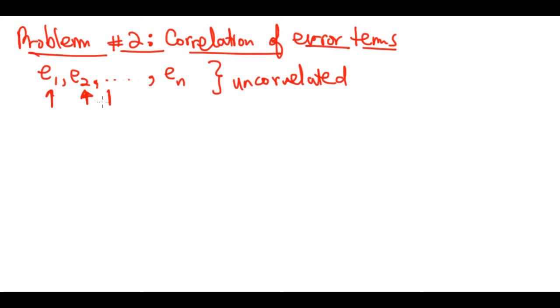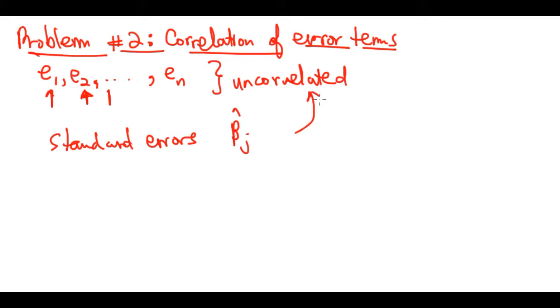But then what we might find is they might be correlated. How does it affect us? Let's see. You remember that the standard errors that we compute for our BJs, for our estimation here, are based on the assumption that our error terms are uncorrelated.